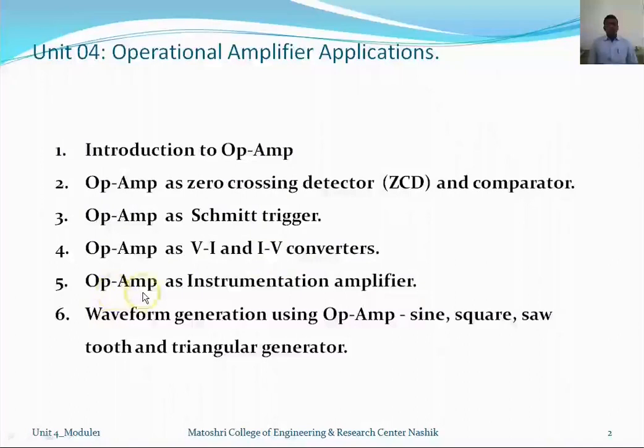Then operational amplifier as an instrumentation amplifier, and in the last module we studied the operational amplifier as a waveform generator. In these modules we studied sine wave, square wave, sawtooth wave and triangular wave generation using an operational amplifier.